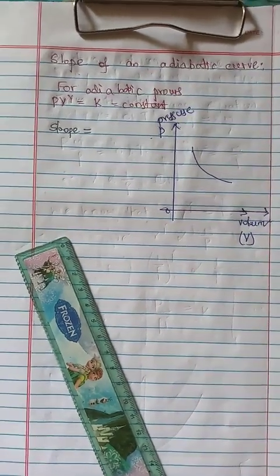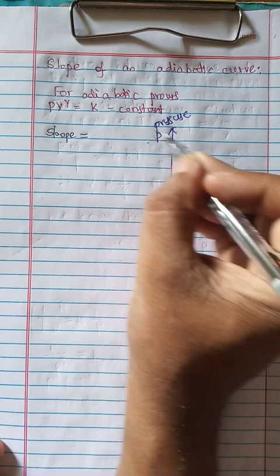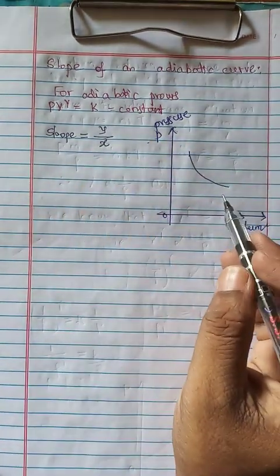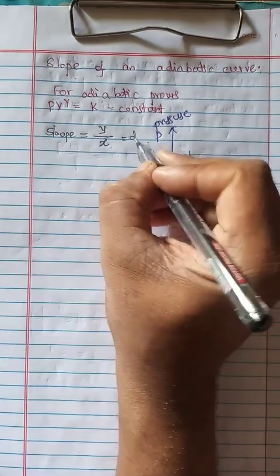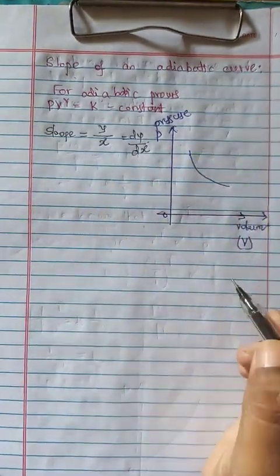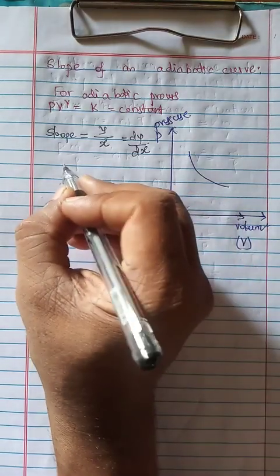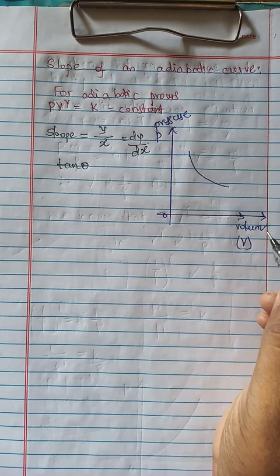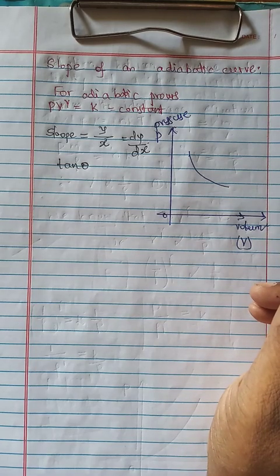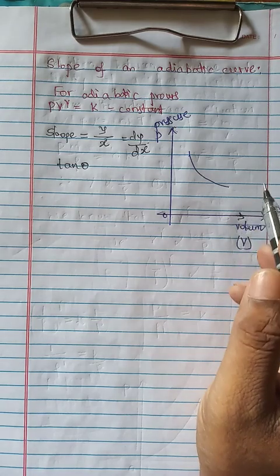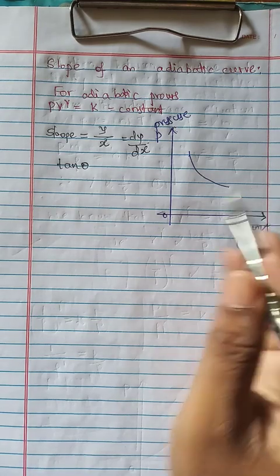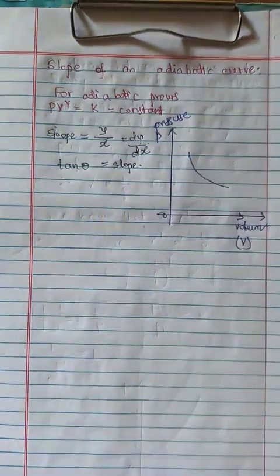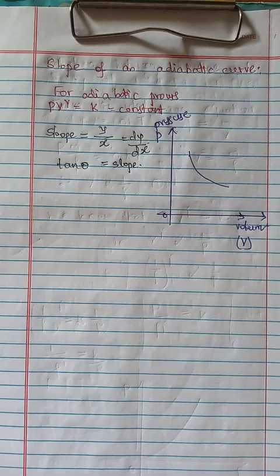In general, slope is y by x, or you can say it is dy by dx also, or in other words it is tan theta, where theta is the angle made by the tangent which is drawn to the curve. So tan theta is also the slope. There are so many ways to find the slope.